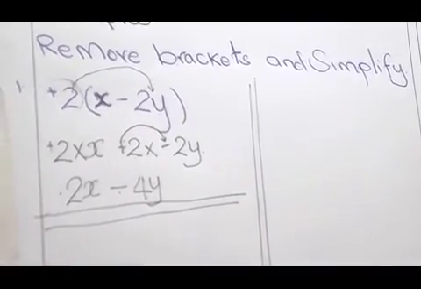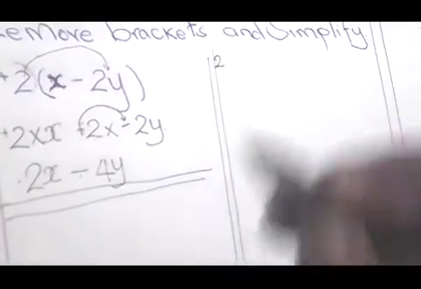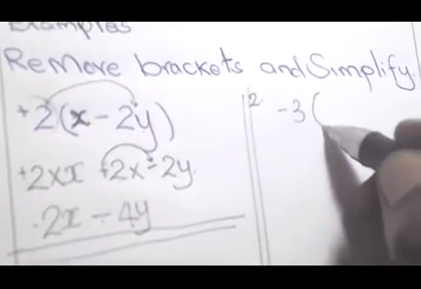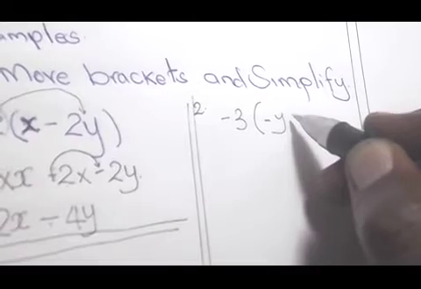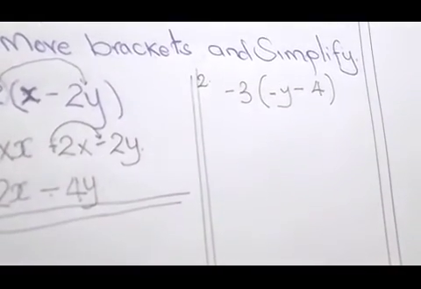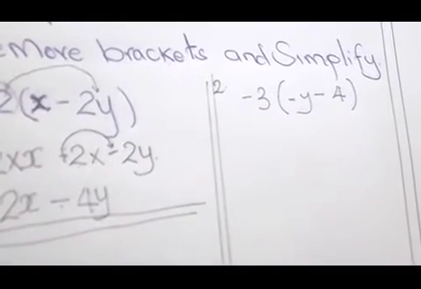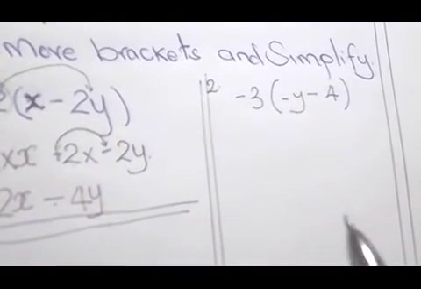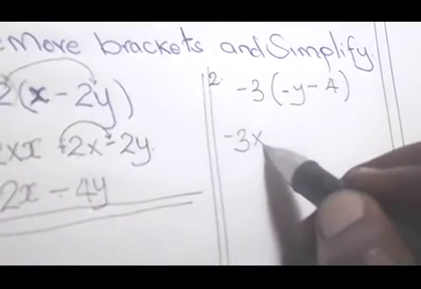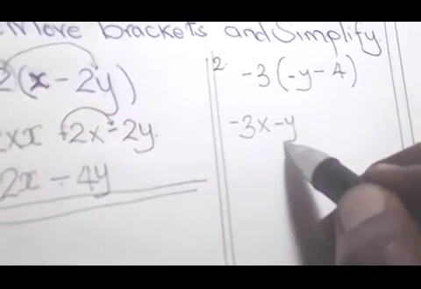Lastly, in our example 2, we are given negative 3 into negative y minus 4. Let's remove brackets here and see. Remember we said negative times negative, what do we get? Positive. So we are getting negative 3 times negative y.